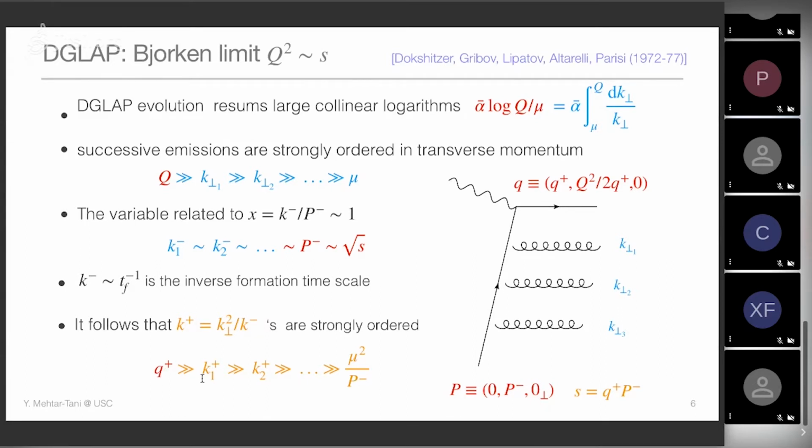So k plus is strongly ordered and in fact decreases from the photon rapidity here down to the proton rapidity. So this is an important observation because this ordering will happen also at small x.